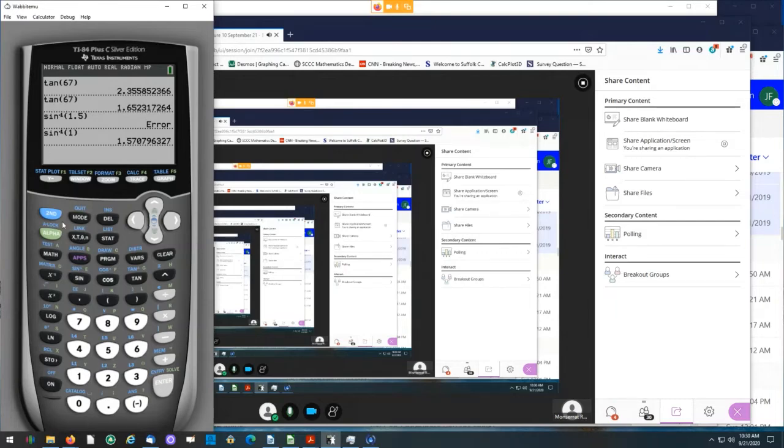Now, if I wanted it in degree measure, I would set my calculator for degree measure instead of radian measure. And then when I do the sine inverse of 1, it will tell me 90. It doesn't write the degree symbol, but I have to interpret it to be 90 degrees.